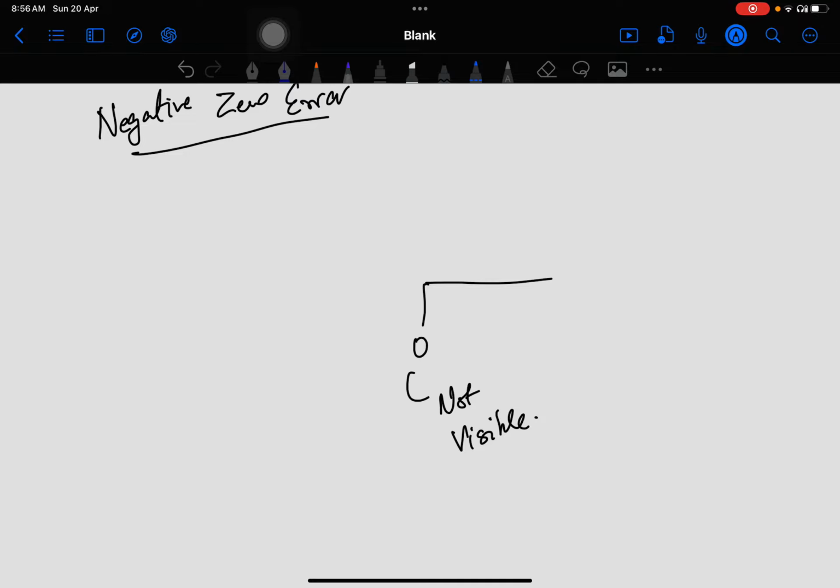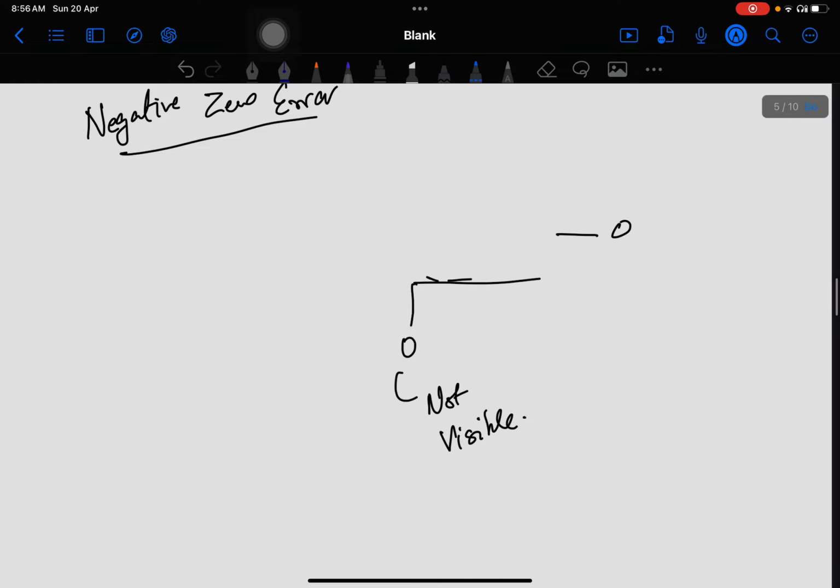And what about the zero on the circular scale? The zero on the circular scale will be found above the reference line over here. If this is the reference line, some distance above it will be found. Okay. So how will it appear? In this way, it will appear. You will not see the zero at all. So if there are 50 divisions, maybe the 45th division is the one that will be present over here along the reference line.